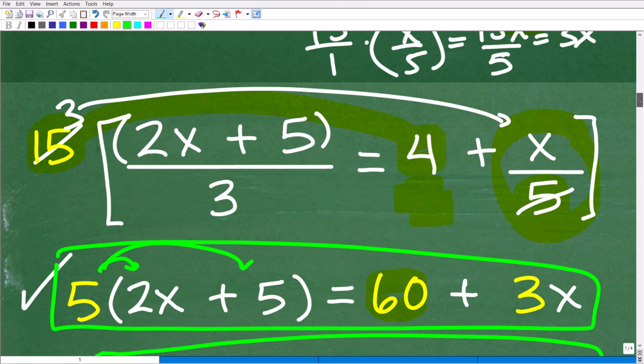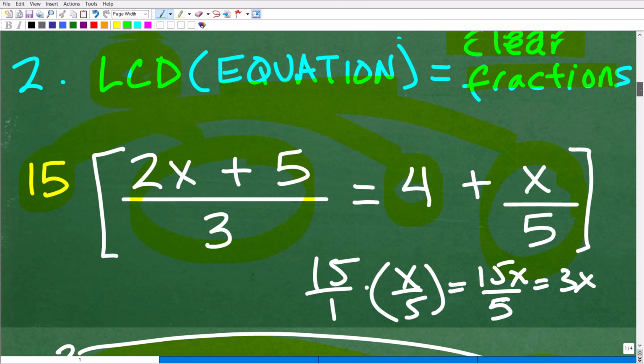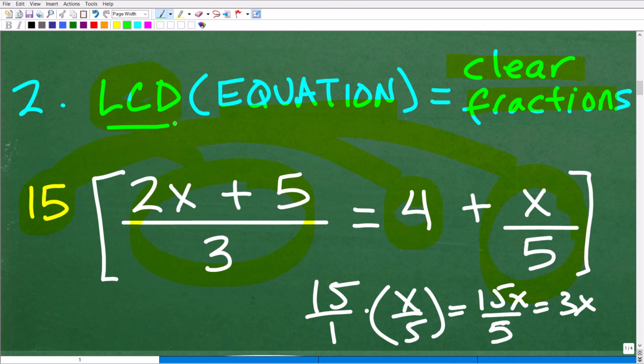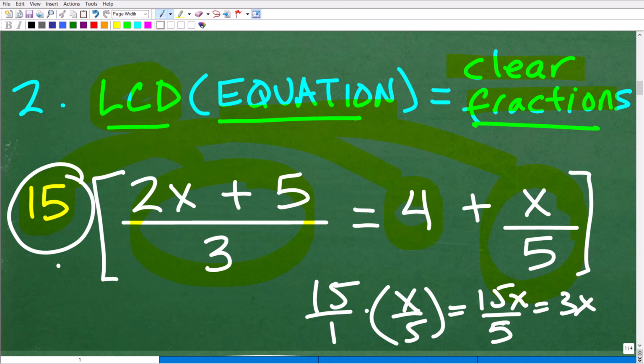Let's go back up here and go to this step, the LCD. We took the LCD and multiplied it by the equation to clear fractions. What we did was multiply the entire equation by a number value. 15 was the LCD, and we multiplied it by the entire equation.